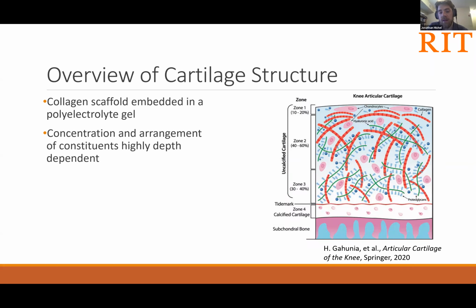I think that this is rather referring to the approximate fraction of the tissue partitioned into each of these zones. I'll show you explicitly some experimental data in a couple of slides for the depth dependence of collagen concentration. But this is just a rough partitioning of shallow, middle, and deep. So I'll show you some more quantitative data in just a moment.